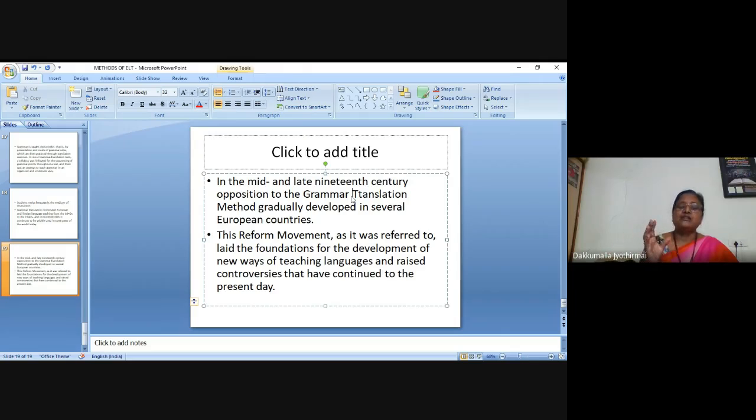But a long prevalent method like the grammar translation method, which was very popular during the later half of the 19th century and early half of the 20th century, somehow got a setback, and there came a reform movement which resulted in the development of new ways of teaching languages. We will continue to learn the prescribed new methods in the next lectures.